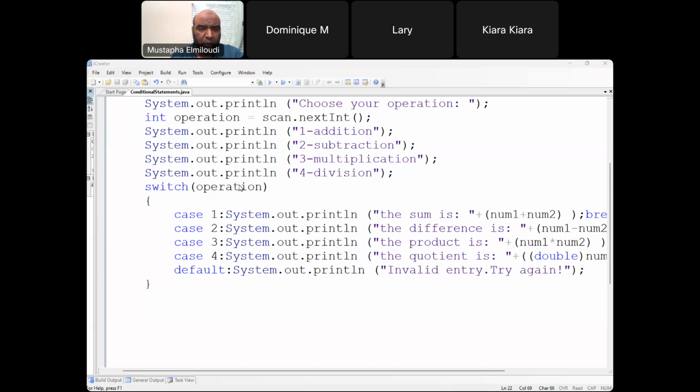So let me find the conditional statement. Let's see. All right, so let me see here. What statement do we have? All right, that's a very good one. So let me stop here. Stop sharing.